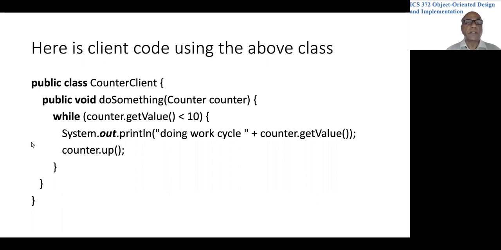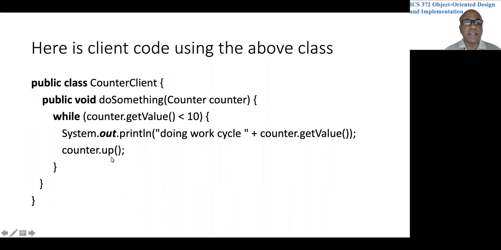For example, we have a client of that counter. It does something in this method, do something. It gets a counter as parameter. And what it does is, as long as the value is less than 10, it does some work. If you want, you can put in a method call to reset the counter before the while loop, but I'm assuming that counter is set to 0 initially.